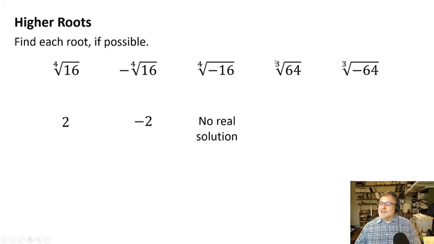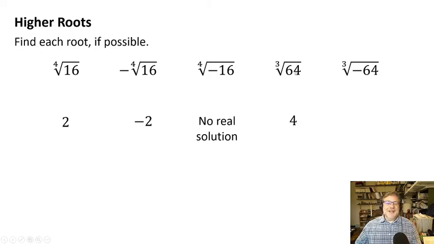But now let's switch to cube roots. Now the root is odd, so no matter what, we're going to get a single solution, and there's always going to be a solution. Well, what number times itself times itself is 64? You might be surprised to find that that's 4. 4 times 4 is 16, 16 times 4 is 64.